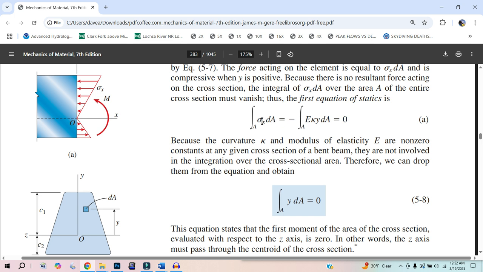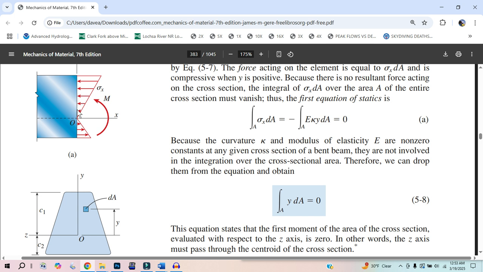And this stress is going to be that equation, negative E K y, curvature times y. E is a constant, K is a constant, and so we can pop those out. Because this is going to be equal to 0. This is actually the sum of the stresses. When I do this little dF here, sure, it's going to be pointed in that direction.